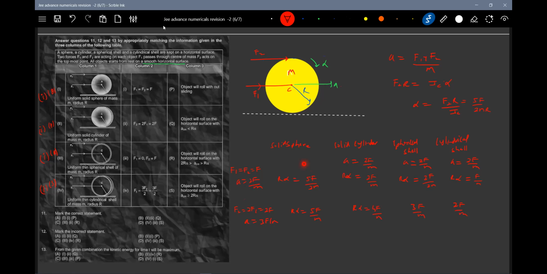In exam, I think all things matter. Actually, I wrote for everyone, not needed. Now last one, F1 0. Acceleration is F by M. Okay, R alpha will be 5F by 2M.